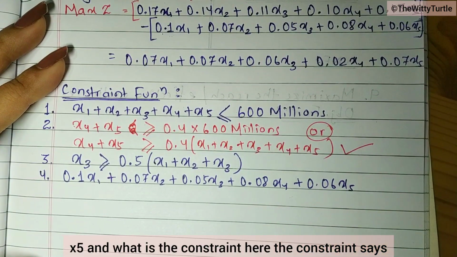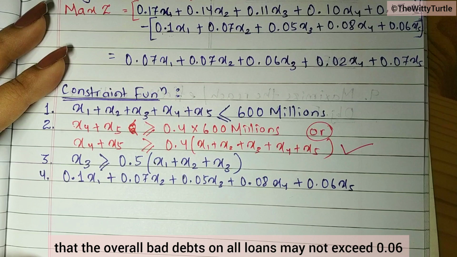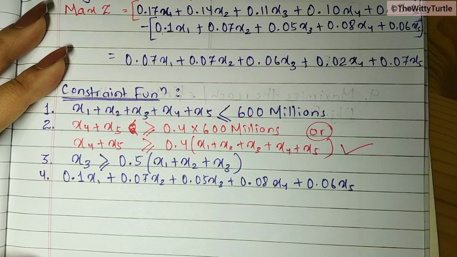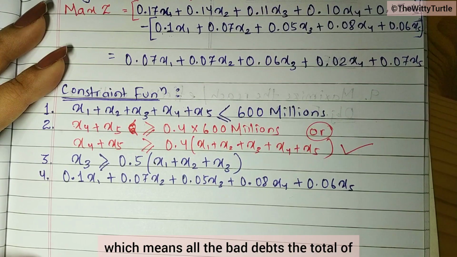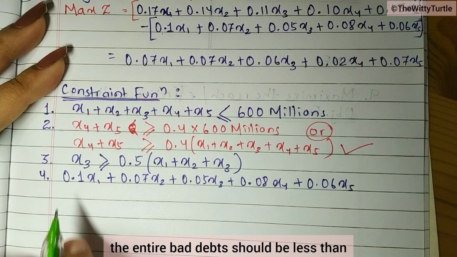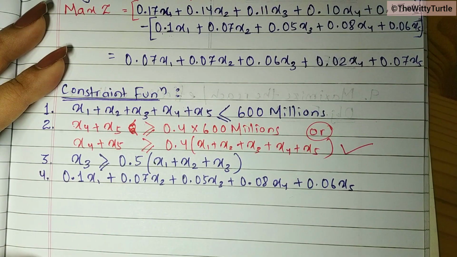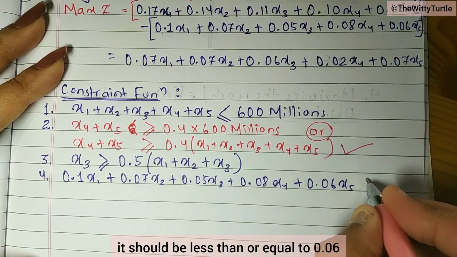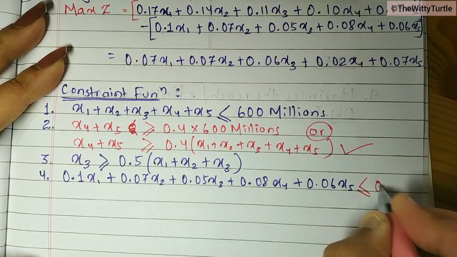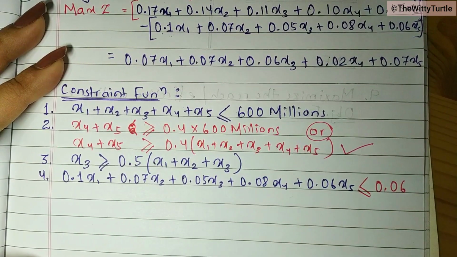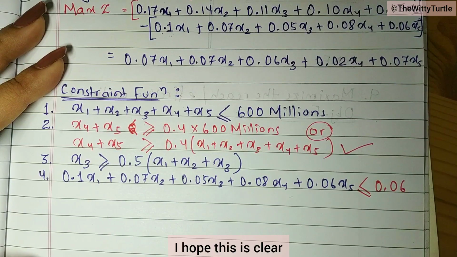And what is the constraint here? The constraint says that the overall bad debts on all loans may not exceed 0.06, which means the total of the entire bad debts should be less than or equal to 0.06. It should be less than or equal to 0.06. Okay, I hope this is clear.